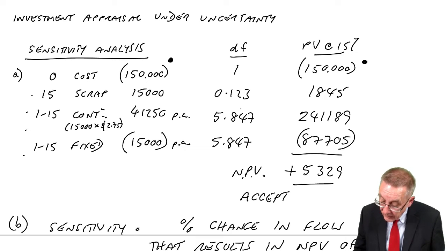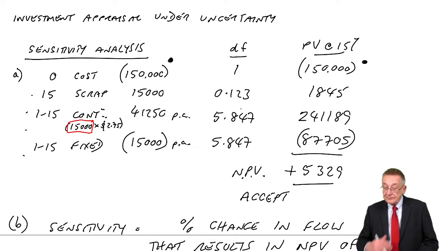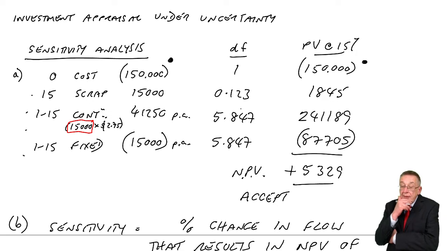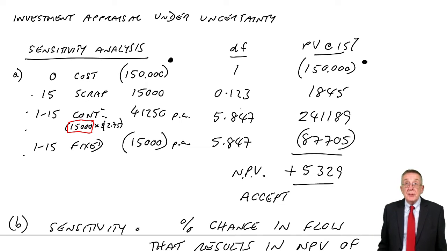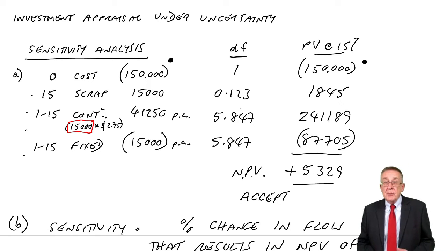Remember, the question had told us we were going to sell, we estimated, 15,000 a year. And this time, assume we're certain of everything else. It's only that 15,000 we're unsure of. We need to know what percent it can change by to end up with an NPV of 0.